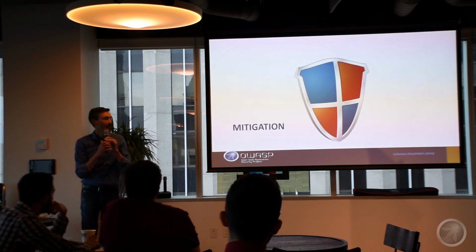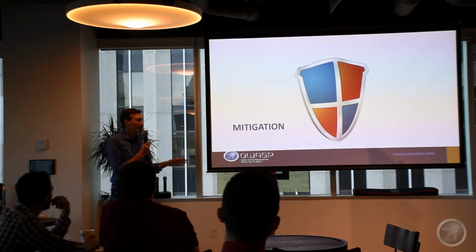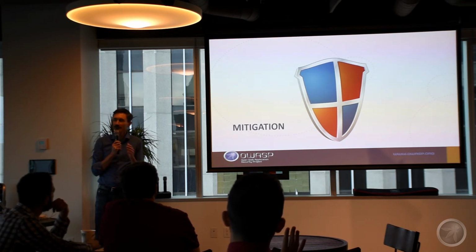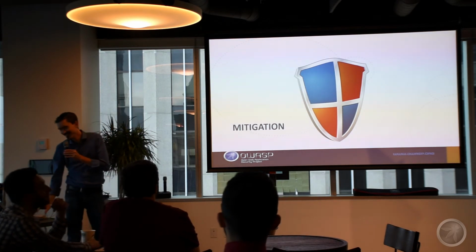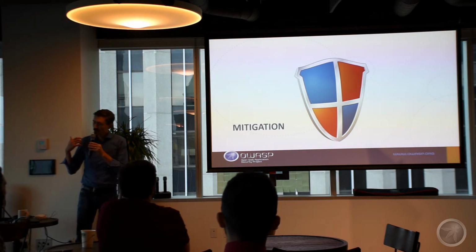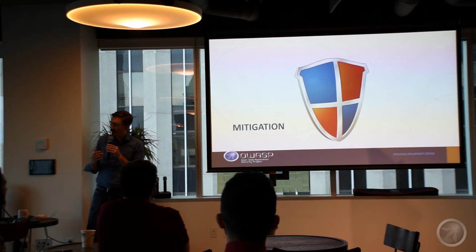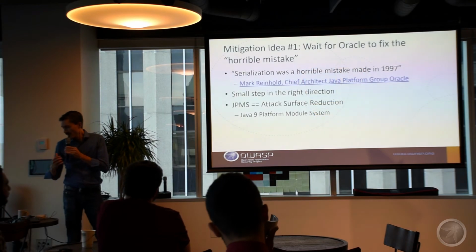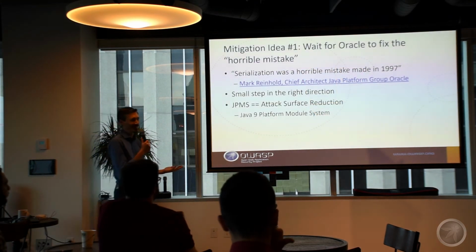Now, especially for Duncan, I'm going to talk about mitigation. So how many people are Java developers here? A few. So I'm going to throw out some ideas, and then we will compare them, to see what the best mitigation is at the end. So mitigation number one, wait for Oracle.